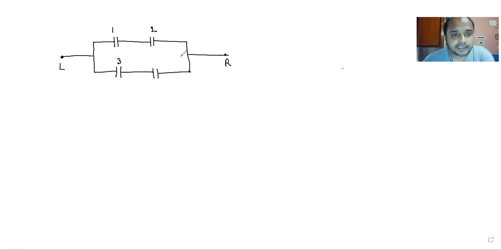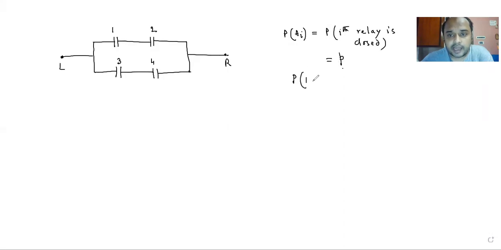I explained what relays are, and the probability that the ith relay is closed is given to be small p, and the probability that the ith relay is open is given to be 1 minus p, where i is equal to 1, 2, 3, 4. That was the thing that I actually wrote until my previous session ended.